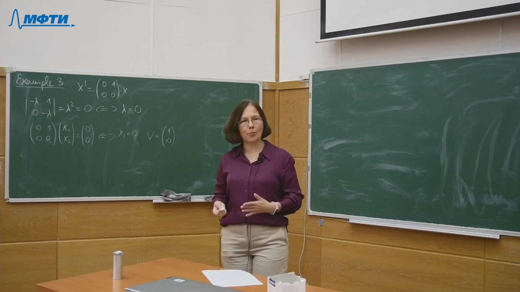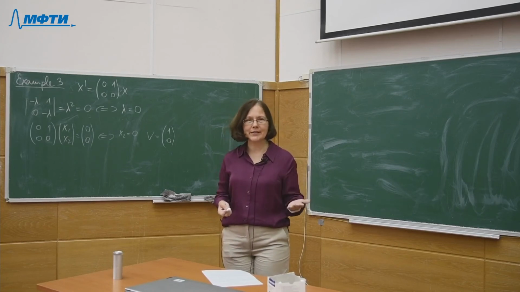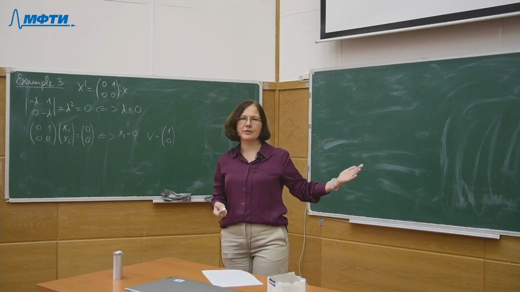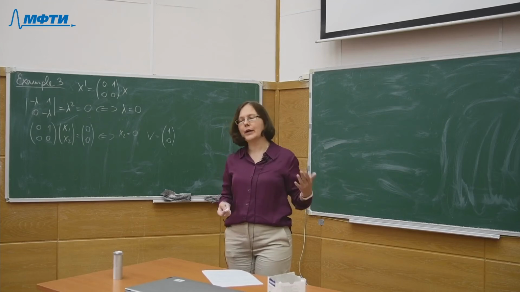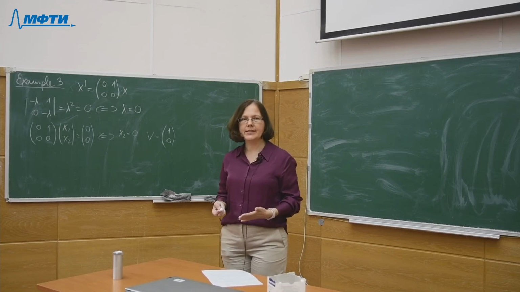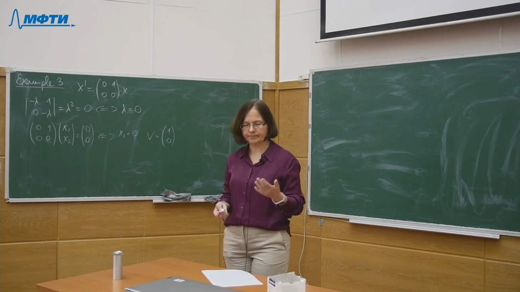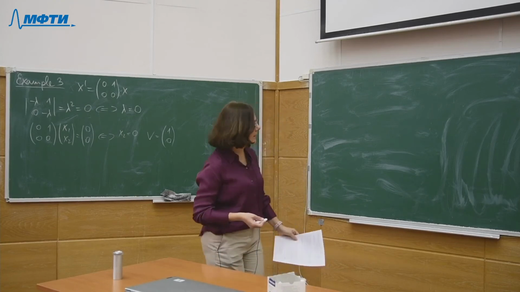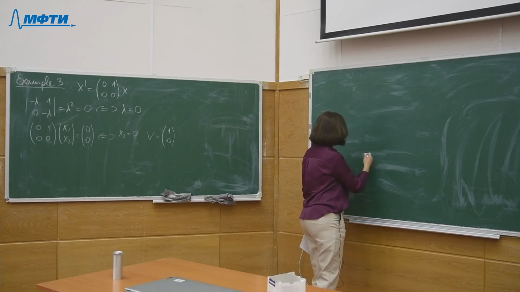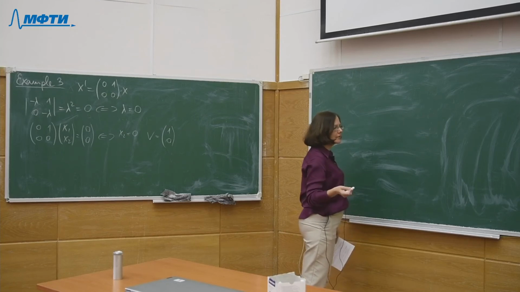But this is the problem. If we have a basis consisting of eigenvectors, then we are done. We can write a formula for the general solution of a differential equation. But sometimes we can't find a basis consisting of eigenvectors. So to discuss how to handle this situation, I'd like to introduce a new notion.